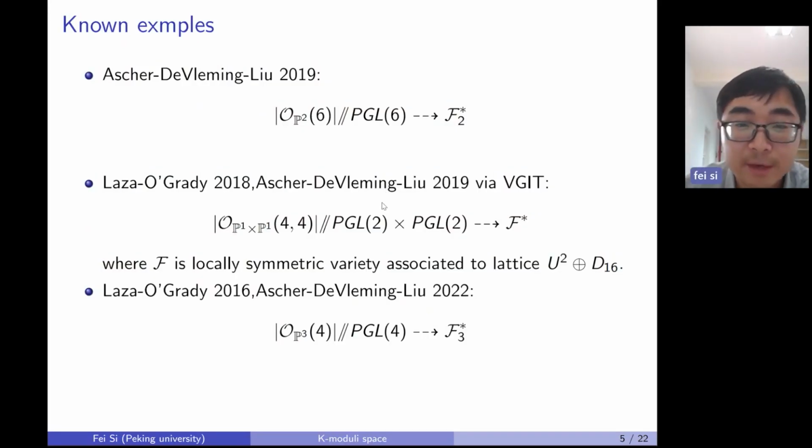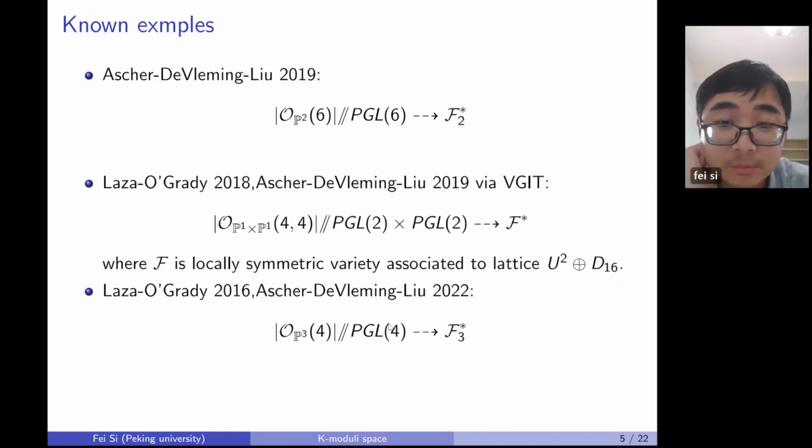The last example we know is the quartic surface case. For the quartic surface case, there is no VGIT, but luckily Laza and O'Grady gave a prediction of these explicit birational maps. Then Ascher, DeVleming, Wang in 2022 verified their conjectures via K-stability theory.